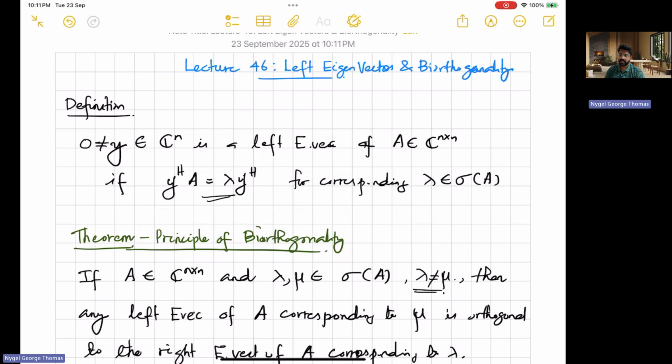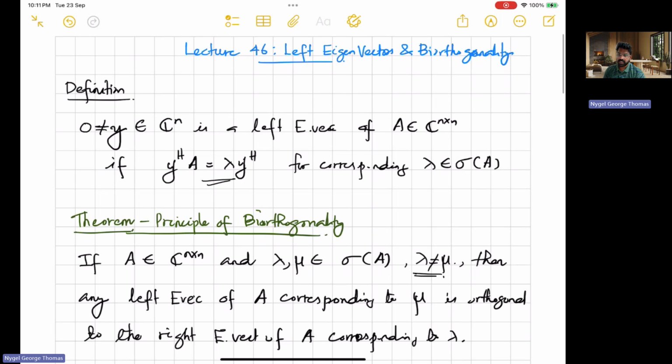So if you left multiply by the Hermitian of this vector, which in turn will become a row vector, you will get lambda times y Hermitian for the corresponding lambda which belongs to the spectra of A.